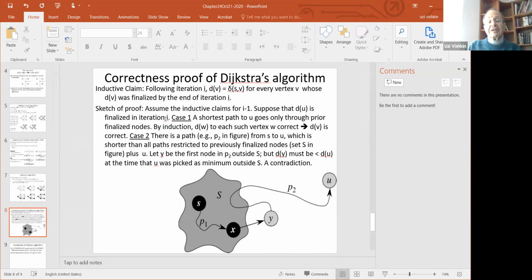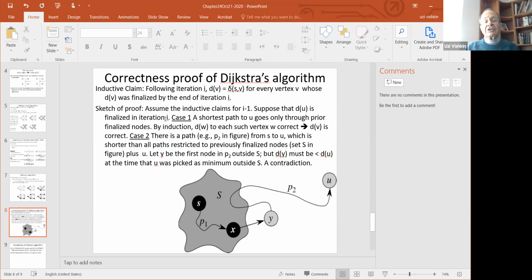But for all the vertices whose d was finalized before, the application of the inductive hypothesis is trivial, because I assume that everything that was finalized by the end of I minus 1 was correct. So the only vertex for which I need to prove anything is the vertex that was finalized in the current iteration. Now there are really two cases.